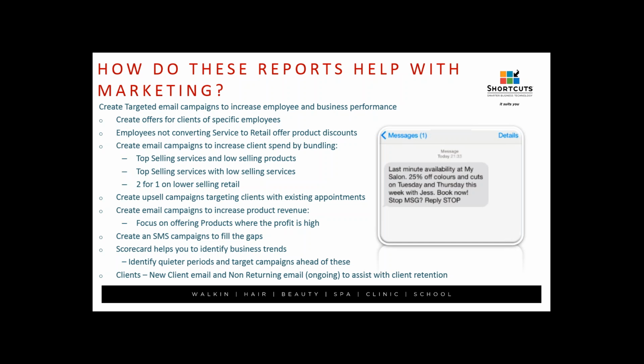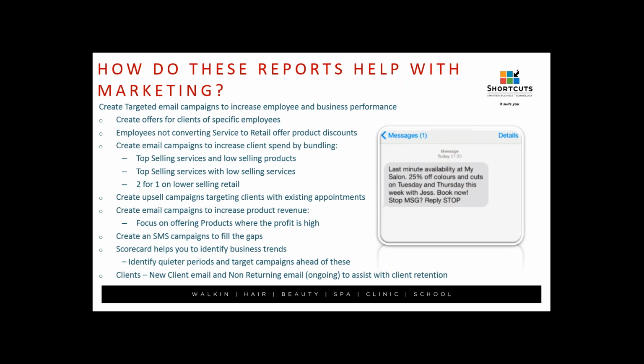Obviously, you can create SMS campaigns, which I know a few of you from looking at your names do quite regularly. So we've got an example here of an SMS campaign at the right that is looking at last minute availability. So offering a discount on days where you know you're going to be quieter from looking at your forecast. And then obviously using Scorecard to identify your business trends.